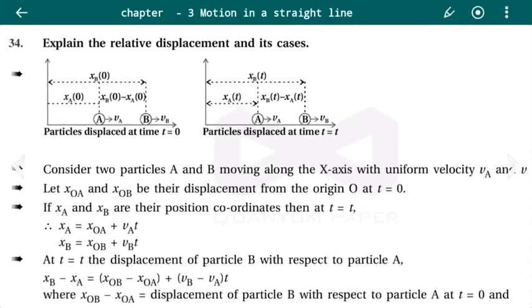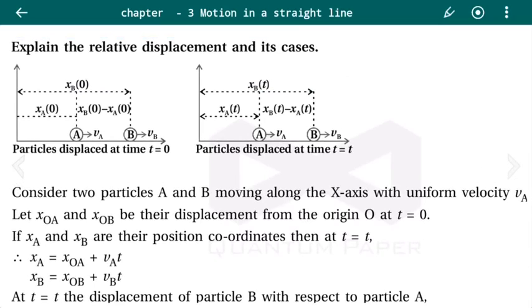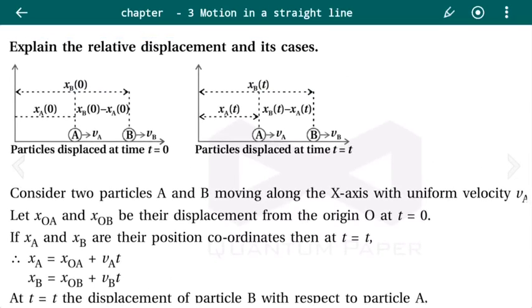Thus from this figure we can write xa equals xoa plus vat. Why can we write like this?